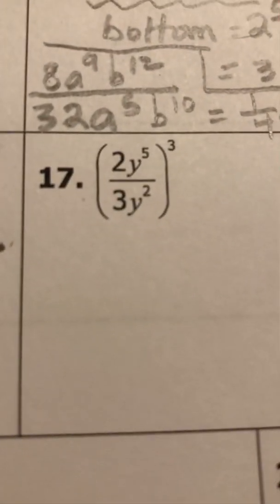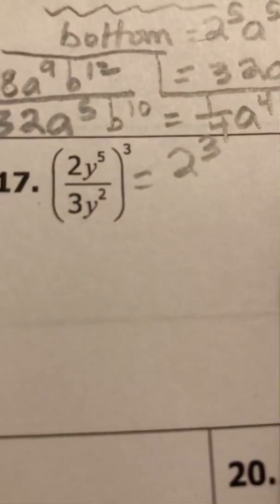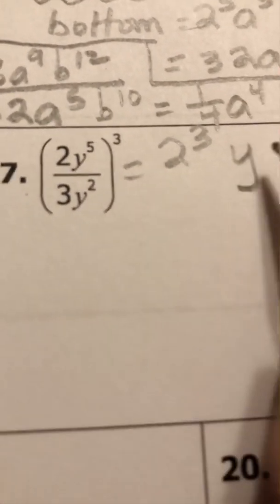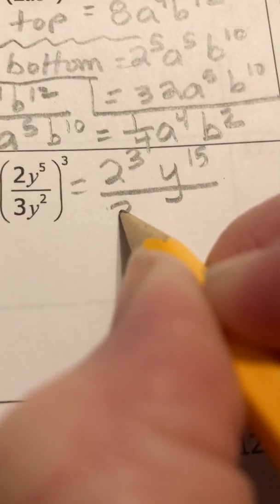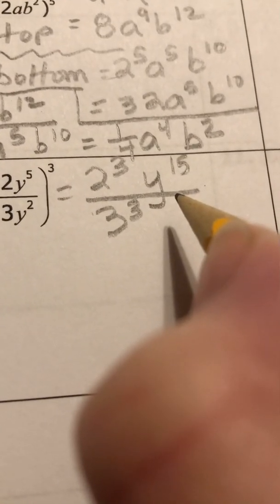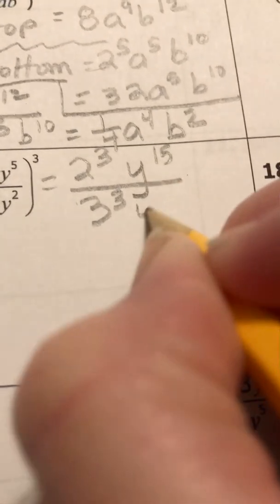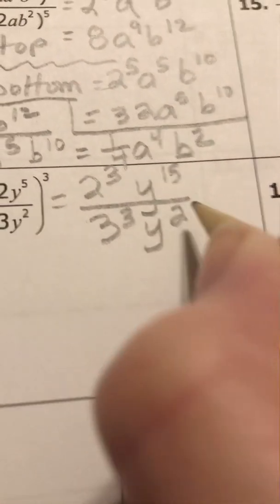For number 17, I'm going to do this very similar way as the previous one. I'm going to rewrite the numerator as 2 cubed y to the 15th all over 3 cubed, and then y to the 2nd power.